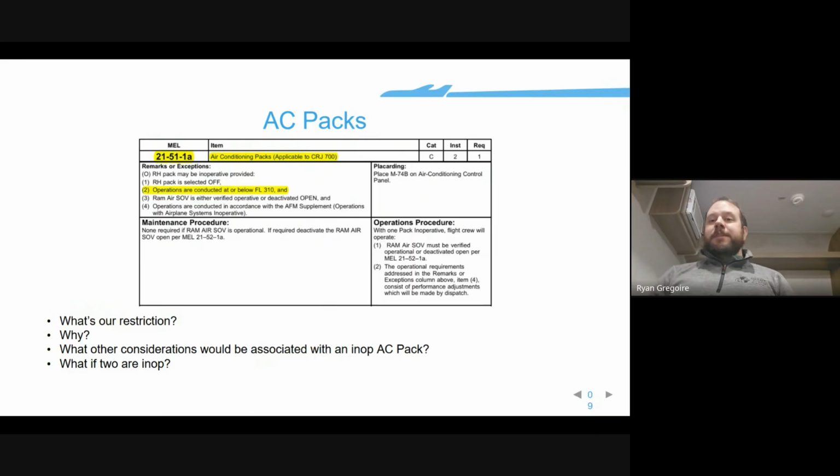You may have to dispatch a maintenance repo flight for an aircraft that has 2 inoperative AC packs, and that would be the restriction. You would have to stay below an even lower flight level because now they can no longer pressurize the aircraft at all and would not be able to operate with passengers. So in that case, it would just be a maintenance reposition flight. You're just flying it back to a maintenance base to get it fixed.